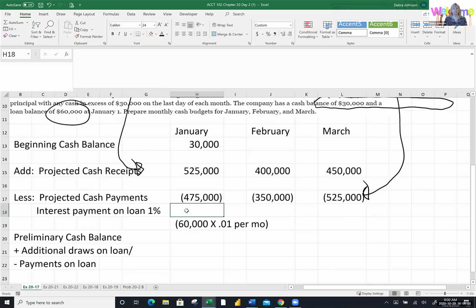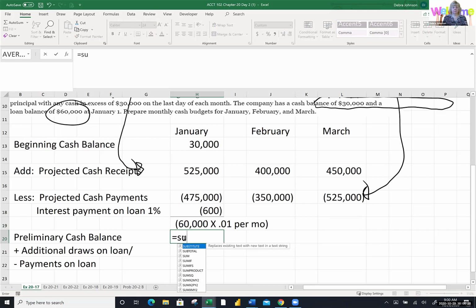So for the first month, I have a $600 interest payment, because 60,000 times 1% is 600. And because that's cash coming out, I'm going to put a minus sign in front of that. Okay, any questions?